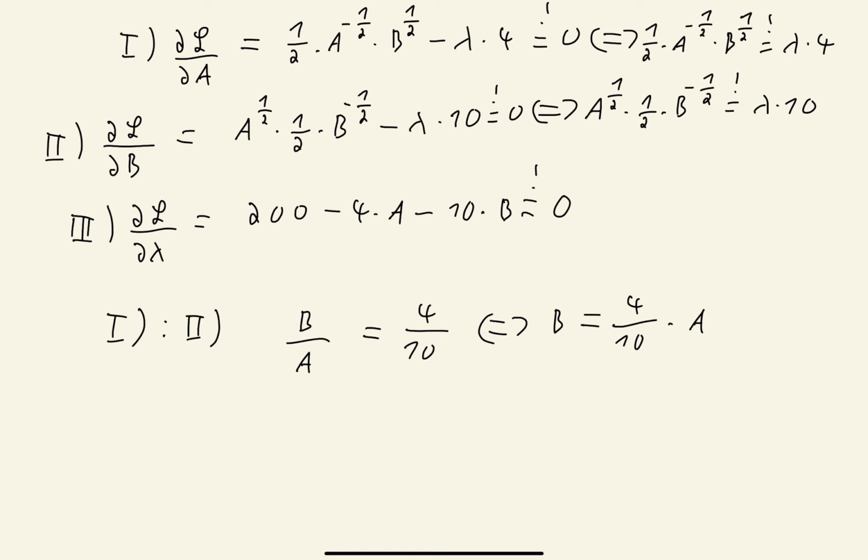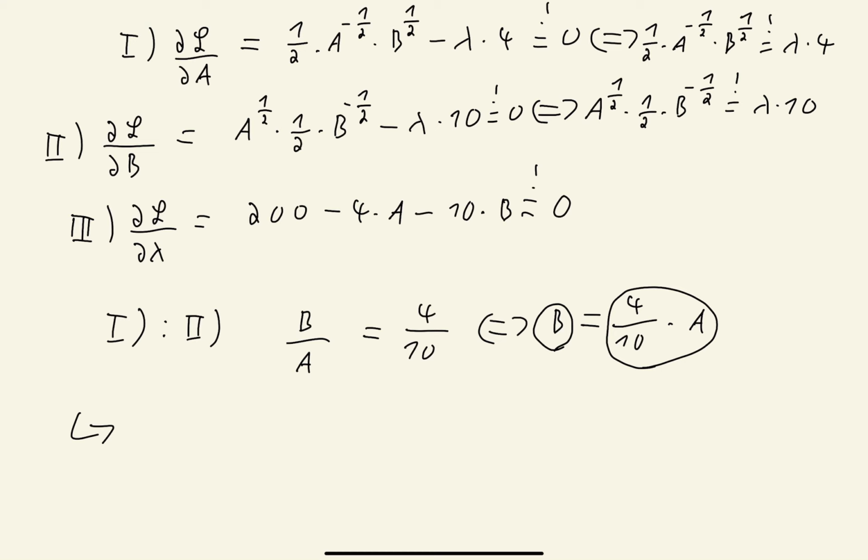So as a next step, we can plug in this right-hand side for B in the partial derivative number 3, so first order condition number 3.